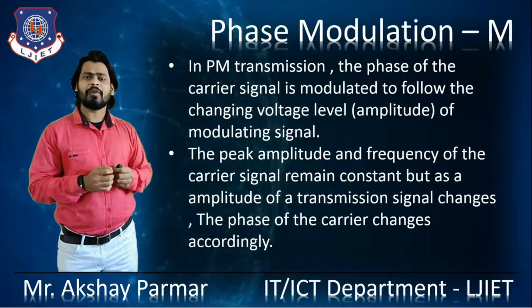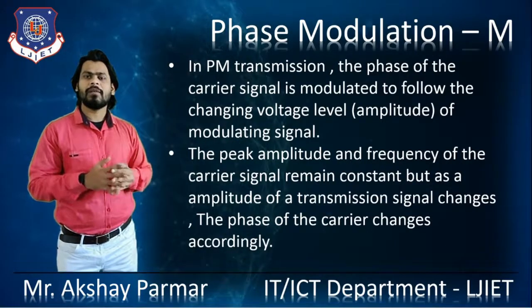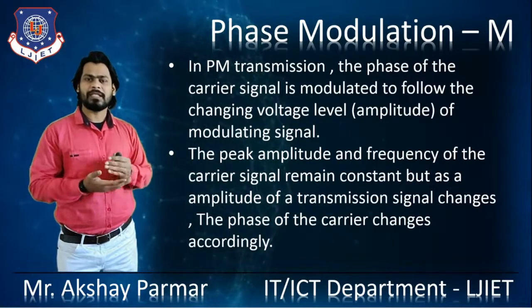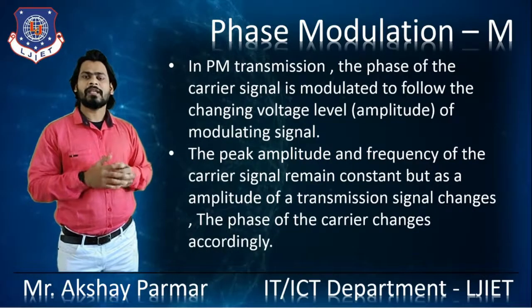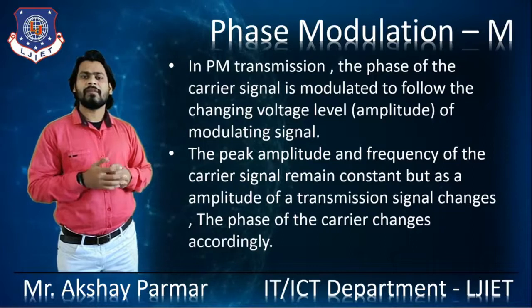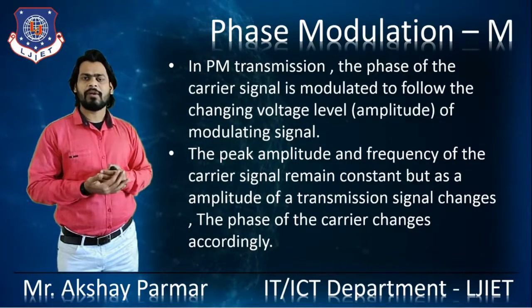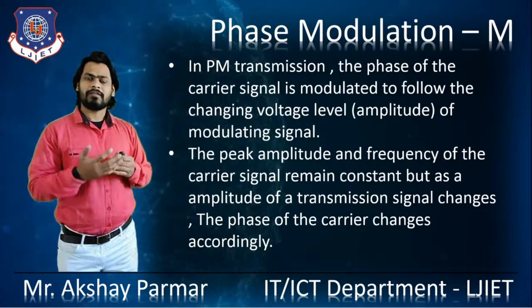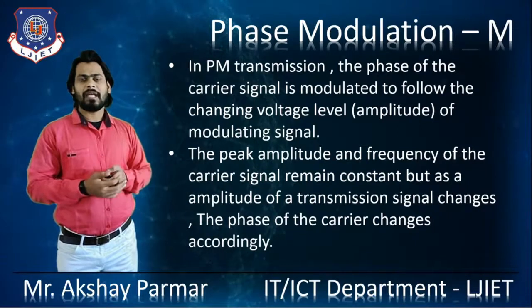The peak amplitude and the frequency of the carrier signal remain constant, but as the amplitude of the transmission signal changes, the phase of the carrier changes accordingly, right? In the phase modulation technique, if the signal is changing its frequency, we do not have to worry about it, but whenever it is changing its amplitude, we change the phase of the carrier signal, right?